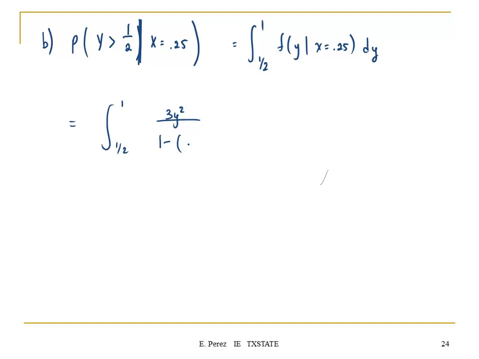So we can substitute that number, 0.25 cubed) dy, and if you solve that expression, you will get 8/9.